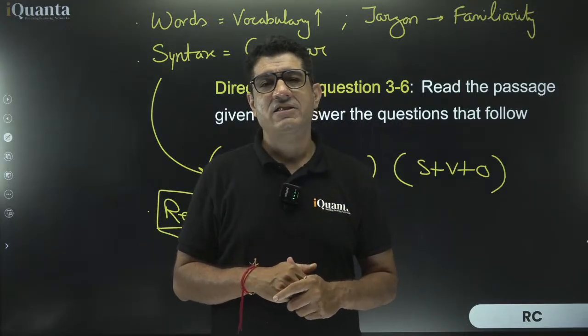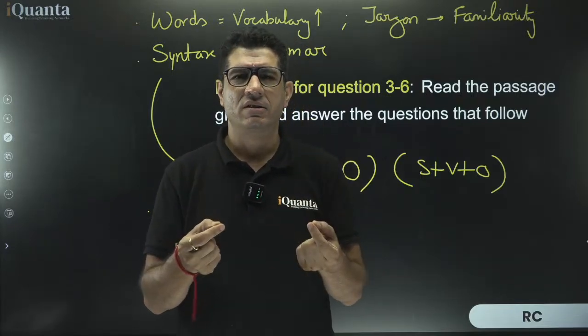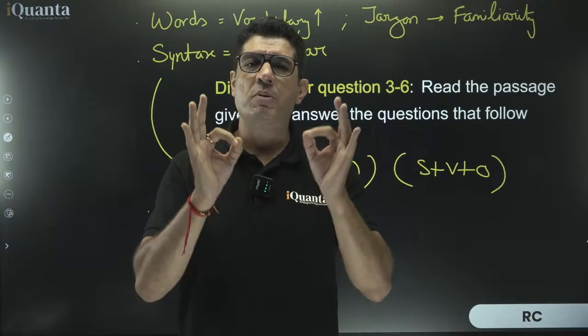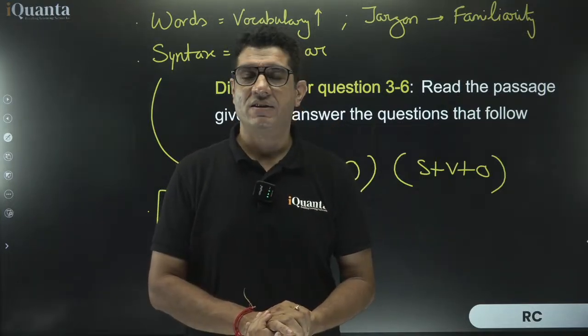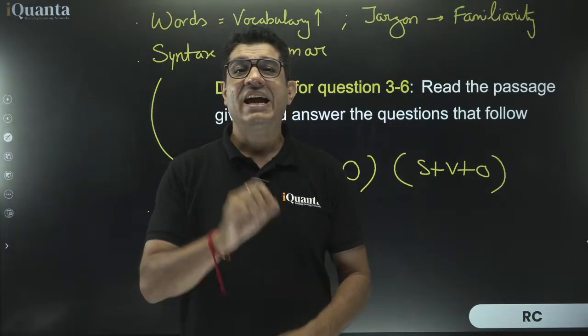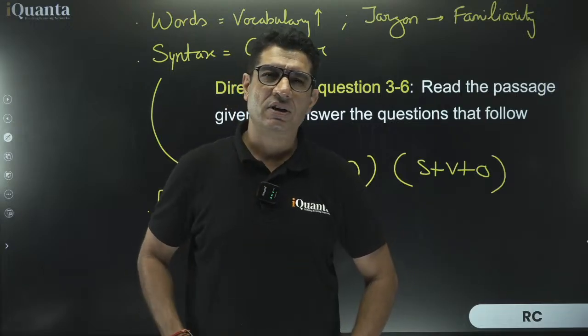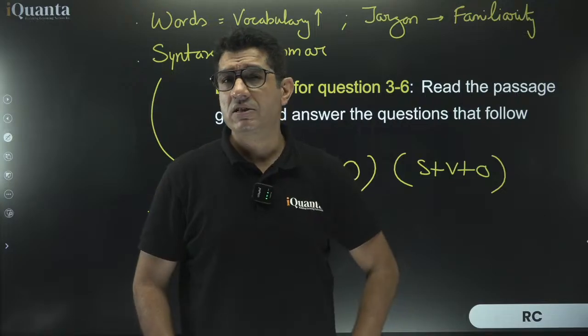So I asked him to pick up a magazine that is meant for children. The only condition was it should be published in English. So he picked up this magazine called Champak. So I told him that, okay, your job is to read Champak and underline the words that you do not understand and then bring over the magazine to me once you've underlined the words whose meanings were not known to you.